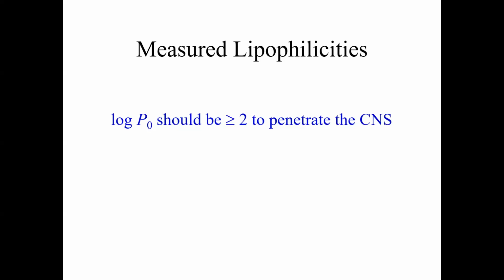So if you make a cardiovascular drug, you will always try to keep that log P value less than 2 to ensure that you don't get CNS side effects. That is just a strategy that they sometimes use.